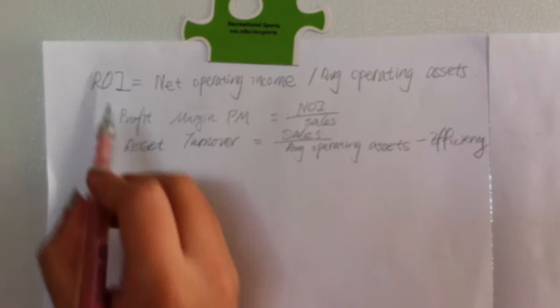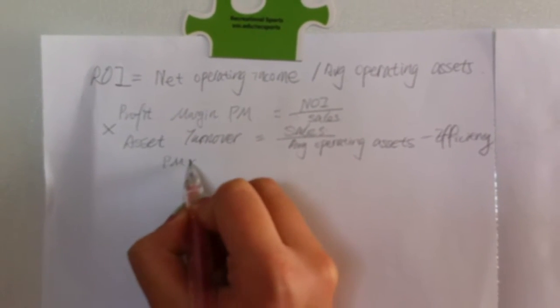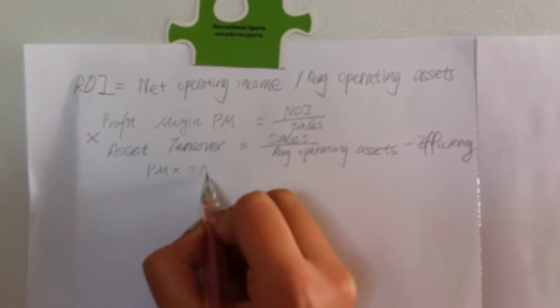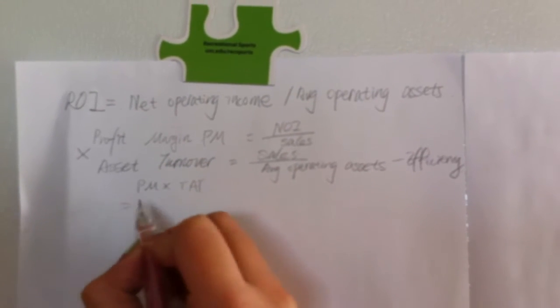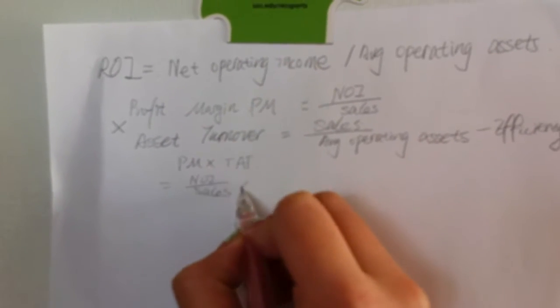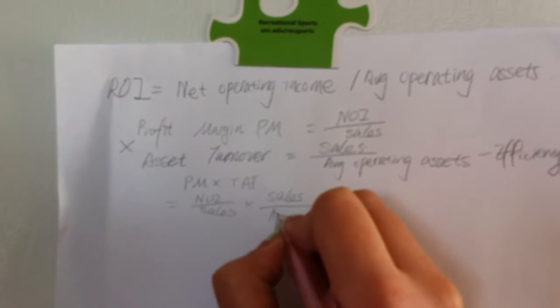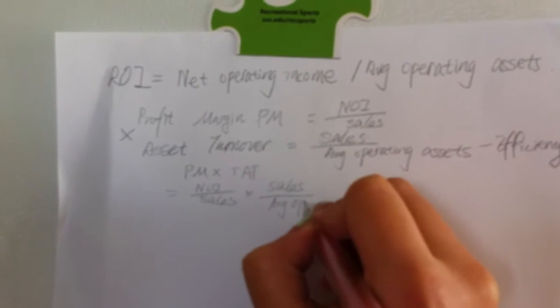So if we multiply these two, PM times total asset turnover, gives us net operating income divided by sales times sales divided by average operating assets.